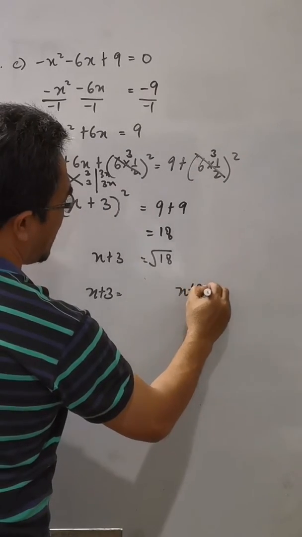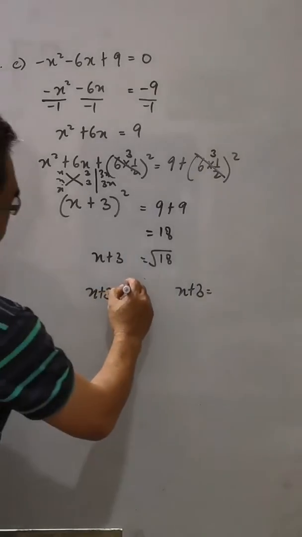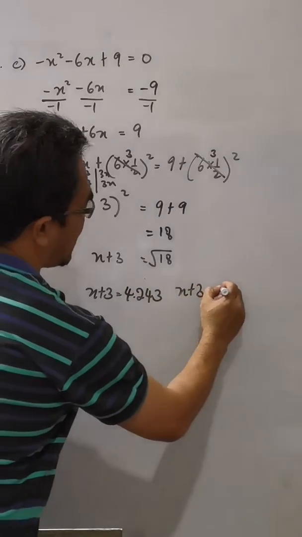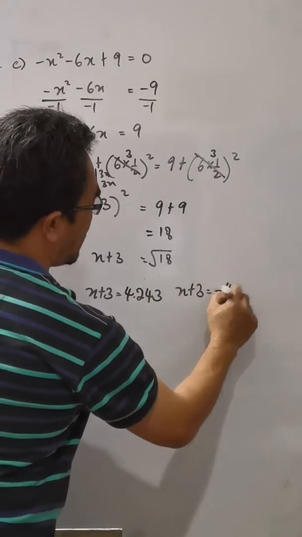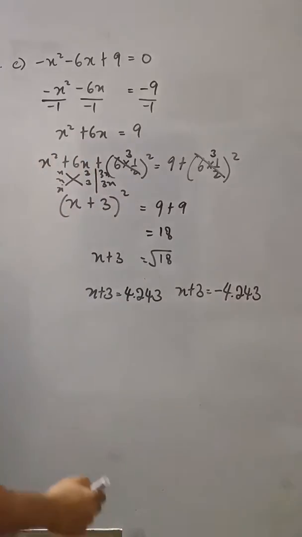So you write down x plus 3 equal to the value, and x plus 3 equals the negative of that value. The square root of 18 will be 4.243 and negative 4.243.